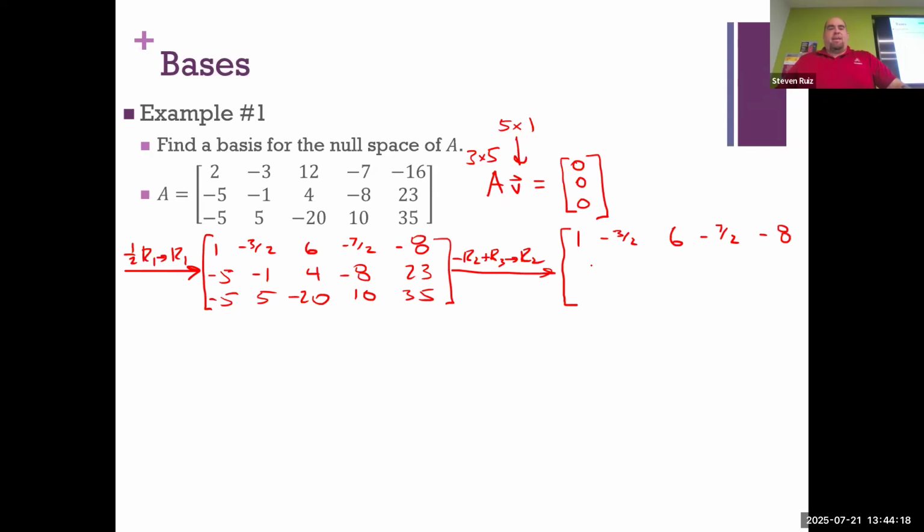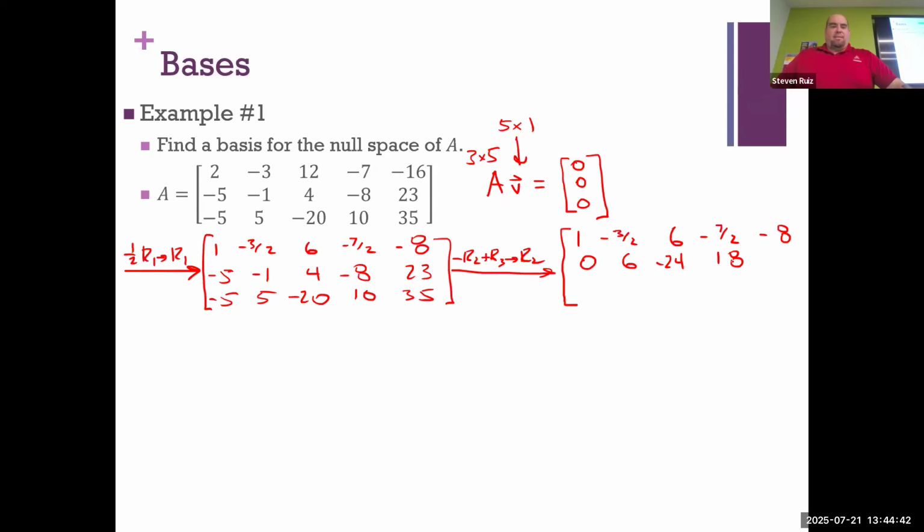All right, negative row 2 plus row 3. 0, 7, 6, 6, -24, 18.